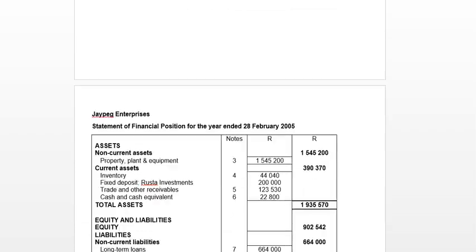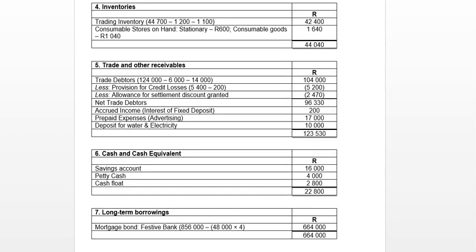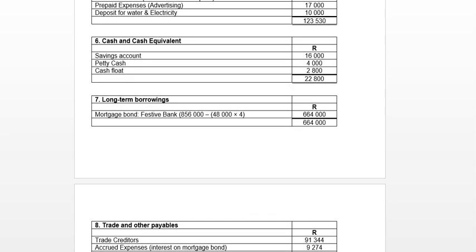So if we look at our mortgage bond, and if we look at our note, our mortgage bond is 856,000 Rand. But we know, from that, in the next financial year we're going to pay 48,000 Rand on the 1st of March, June, September, and December.